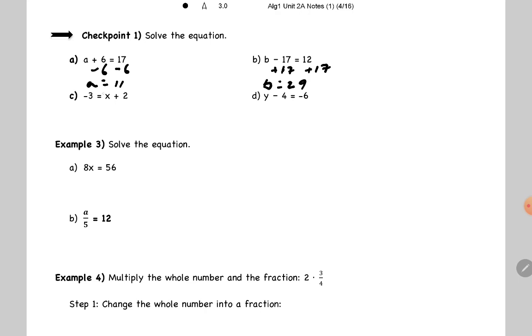Okay. So x is on the right side now. It doesn't matter if x is alone on the left or on the right. We just do the same thing. We're trying to get x by itself. Whatever is easiest. Minus 2, minus 2. So x equals negative 5.